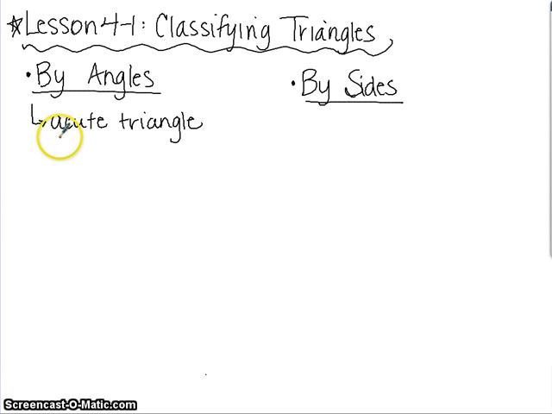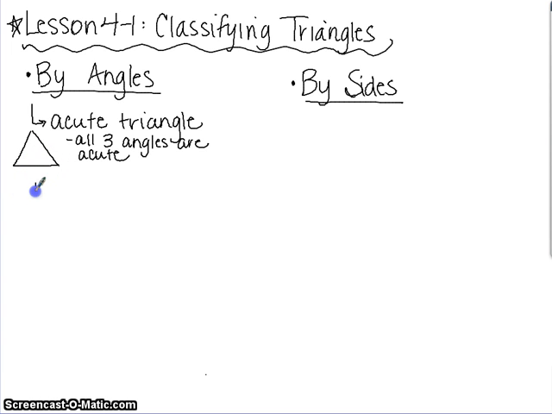And that just means that all three angles are acute, which means less than 90. Okay? So maybe an acute triangle would look something like that. So all of these angles are less than 90 degrees.